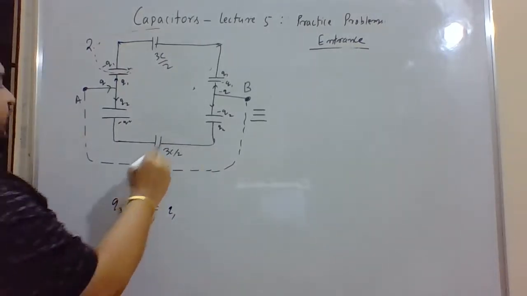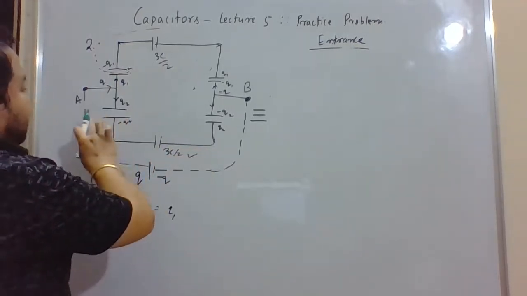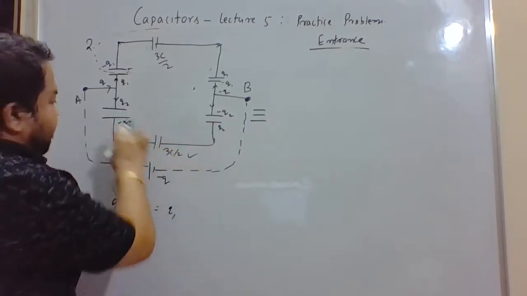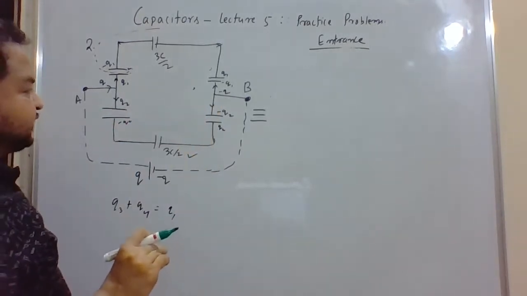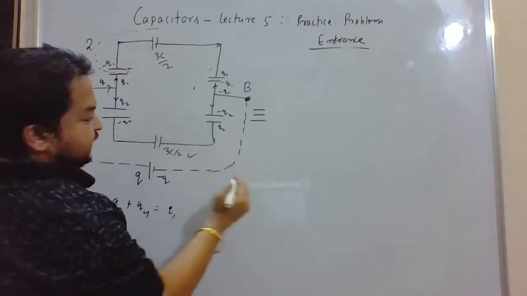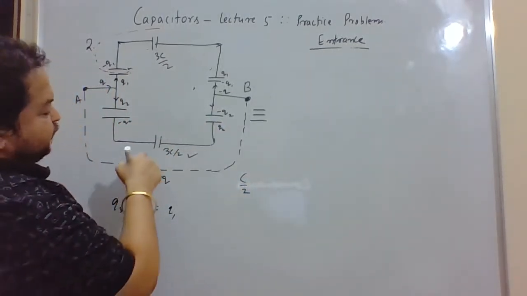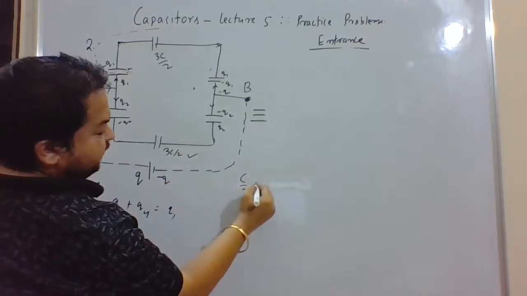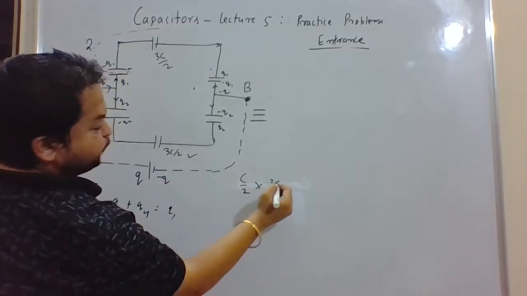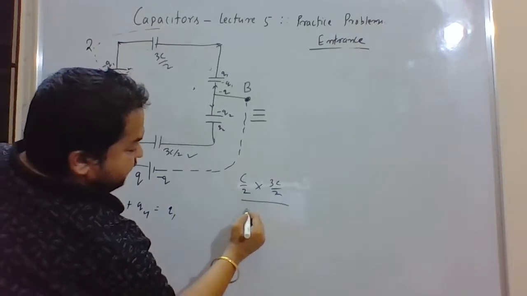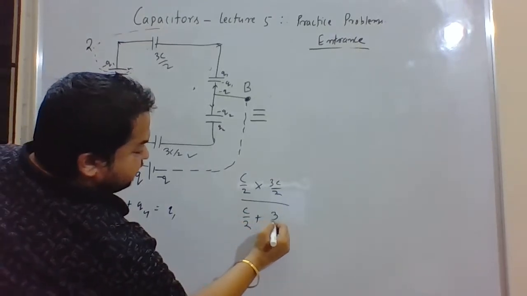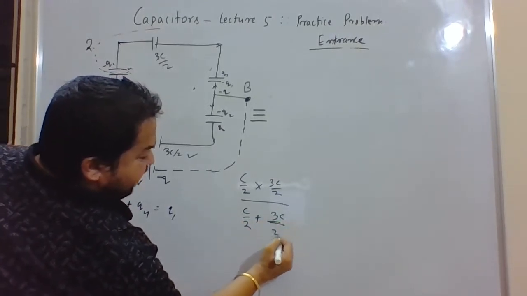Now if you see this 3C by 2, this one, and this one, all of these are in series. So this is C by 2, and this is your 3C by 2. So C by 2 into 3C by 2 divided by C by 2 plus 3C by 2.